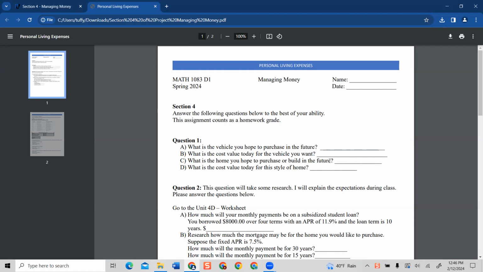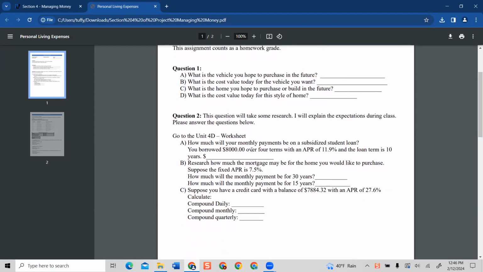So you can just put that here. What is the cost value today for that style of home? You're going to research to see how much that specific house costs today if you were to go buy it. Of course, it's not talking about closing costs and all the other expenses, but it's just giving you an idea. Please site any places where you pull your research from.